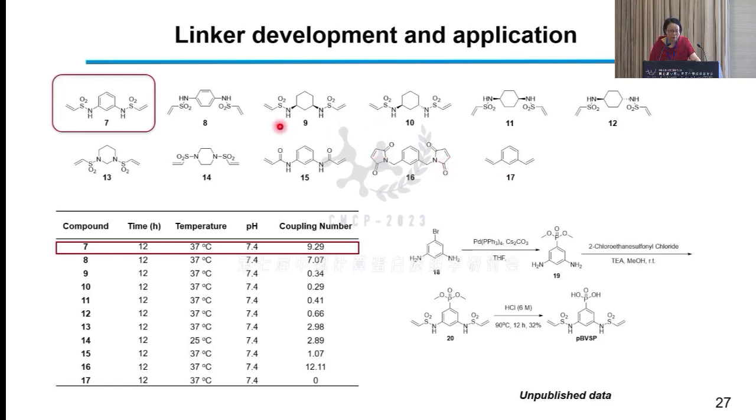A number of microreceptors have been synthesized, and their reaction efficiency was evaluated on our BSA protein. And this compound showed high reaction efficiency. Further, we incorporated our carbon-fluorine bond into this linker, and our new cross-linker was obtained.